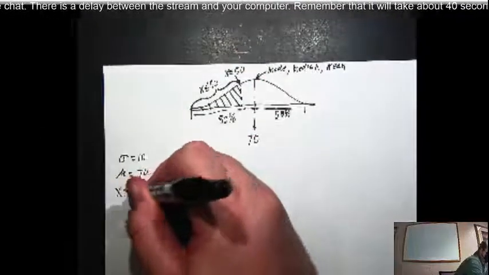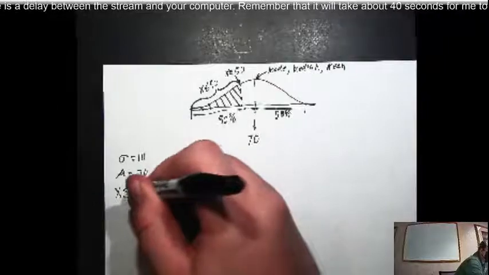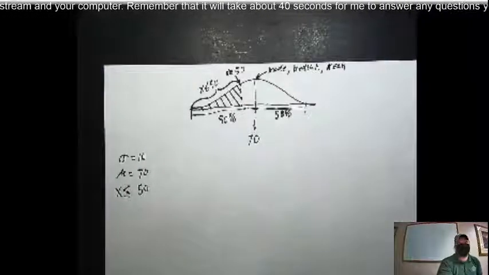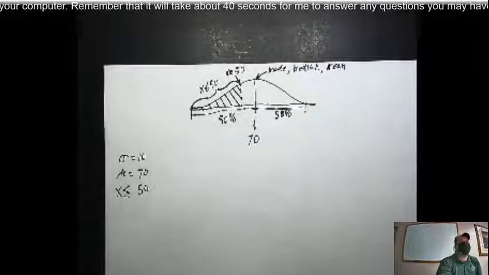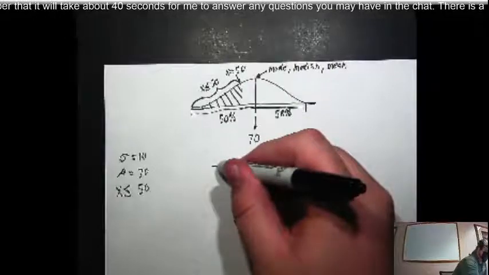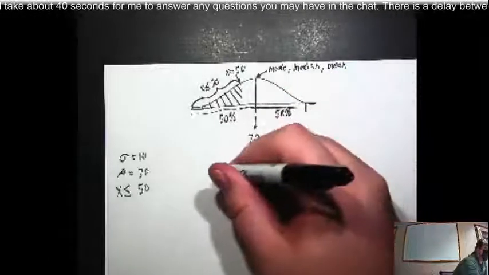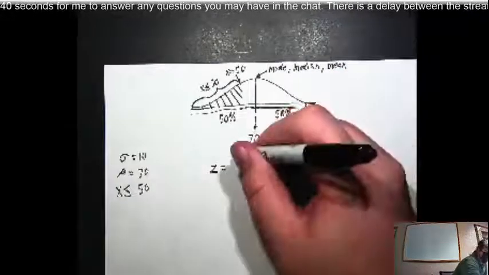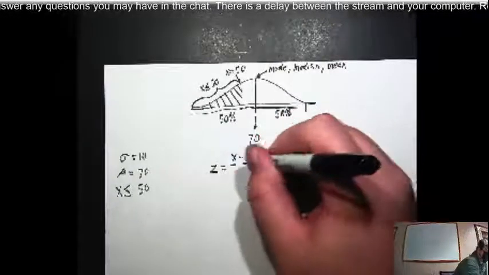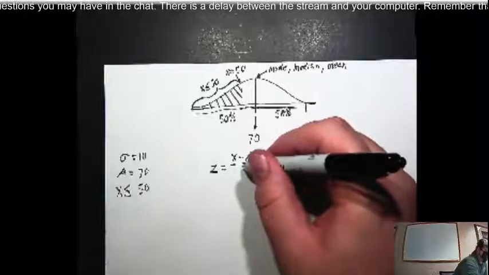So again, x is less than or equal to 50. All right. So to do this, what we need is a z-score. And a z-score is calculated by taking z equals x minus the mean, mu, over our standard deviation, 10.